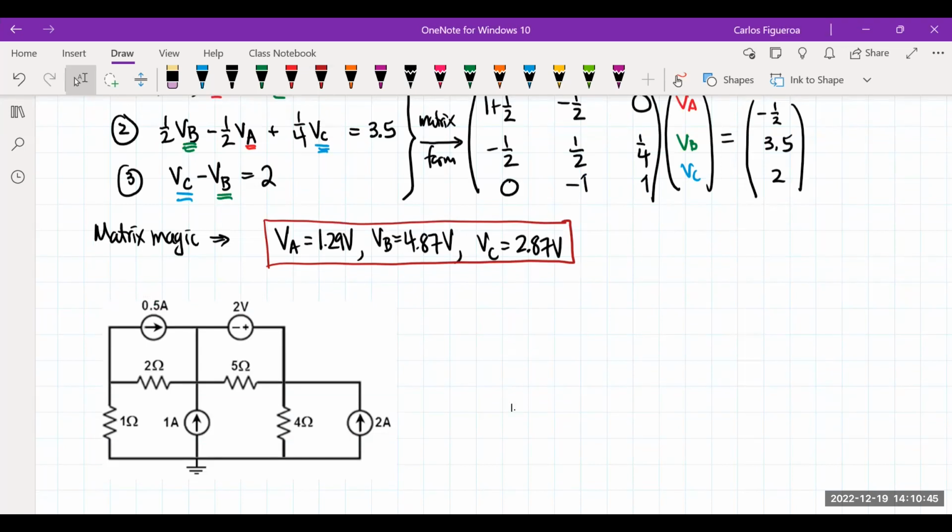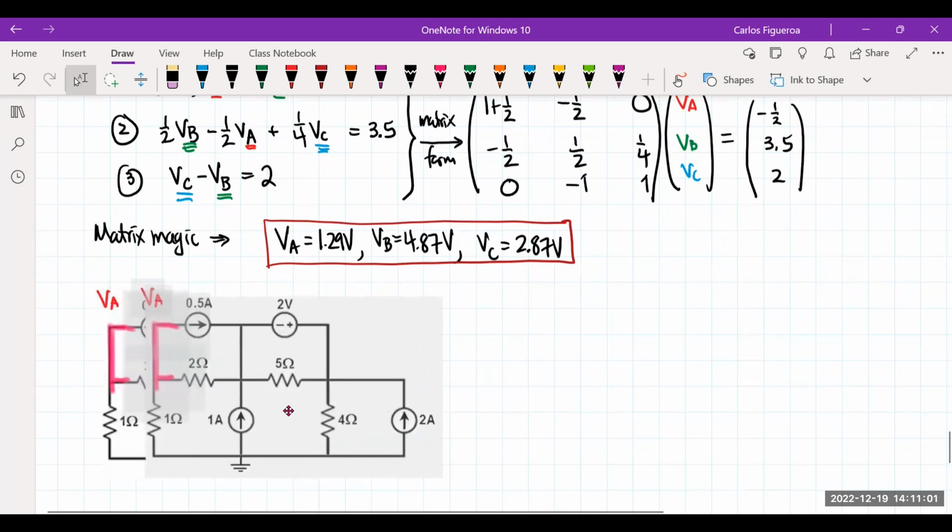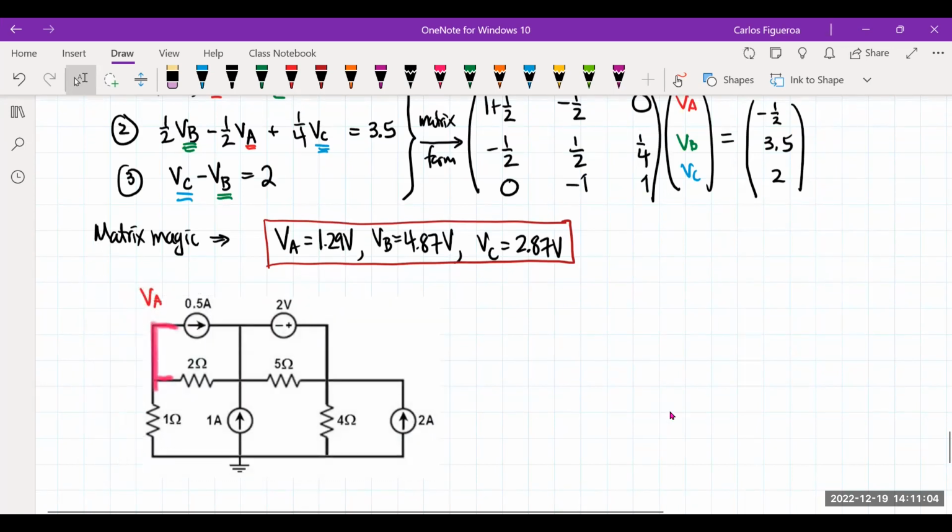Well, VA is this node right here. I'm going to move this over a little bit. This VA is 1.29 volts.